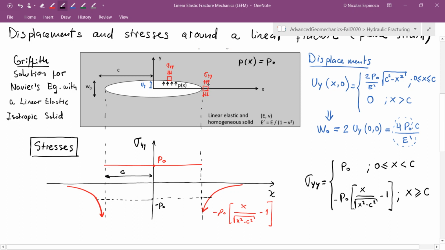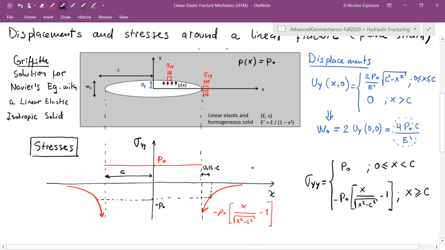So at the tip we have a tension, but then, for example, the solution tells you that at 0.15 of the fracture half length, you're going to find that the tension is equal to more or less 0.15. It is going to be equal to the pressure in the fracture, but with the reverse sign. And as you go further and further away, this tension is going to decay very quickly into an asymptotic trend to zero.